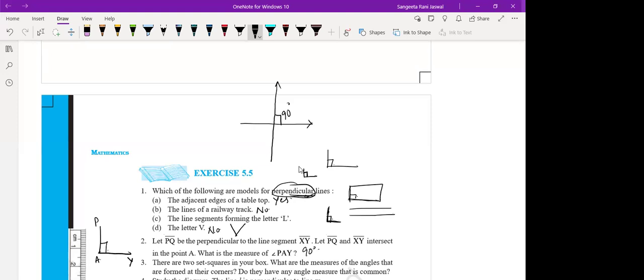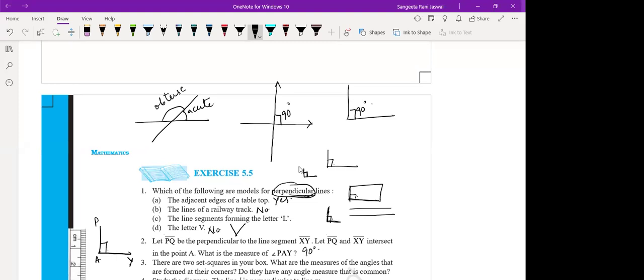Got it? The line can intersect like this also, making an acute angle here and an obtuse angle here. So this is not perpendicular. You call it perpendicular only when it is making a 90 degree angle. Otherwise, they are just intersecting lines.